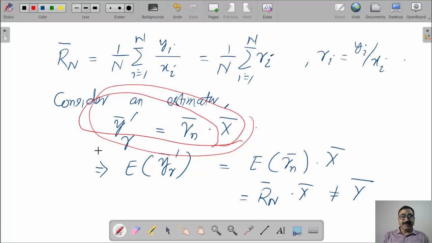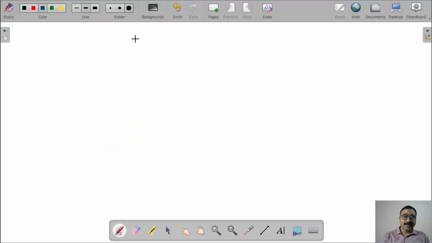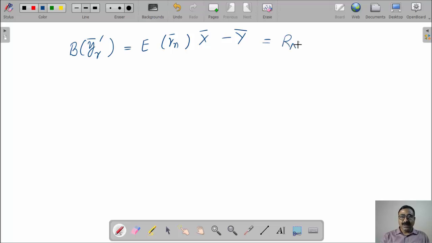So now what will be the bias? Now we have bias of y r bar dash, that is equal to expectation of R_n bar x bar minus y bar.